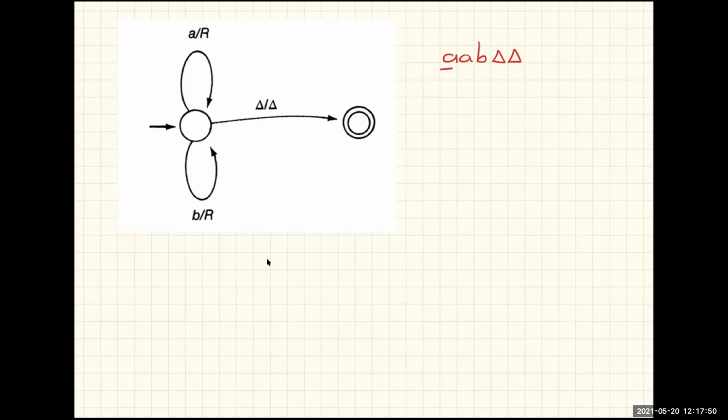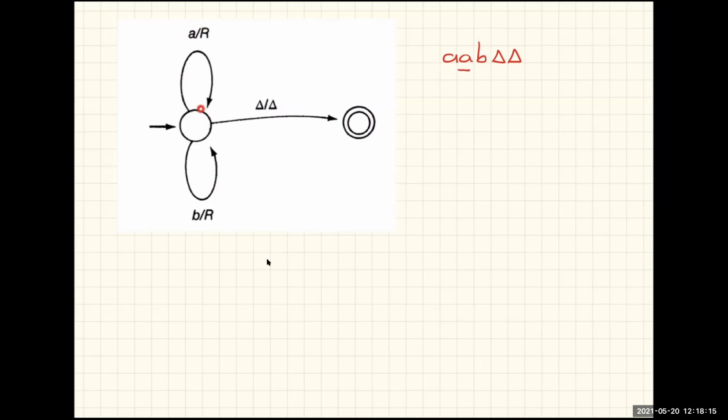And now the question is, and you will find several questions like this, what will be the final configuration when I run this machine? Then we need to start. We start here, and we have an A. Then it says read an A and move to the right. Okay, we read the A and then move our head to the right.